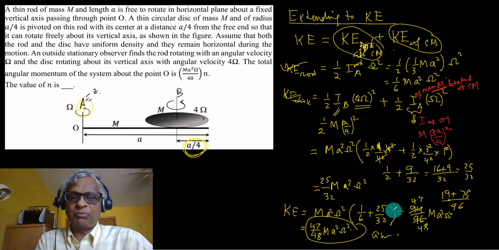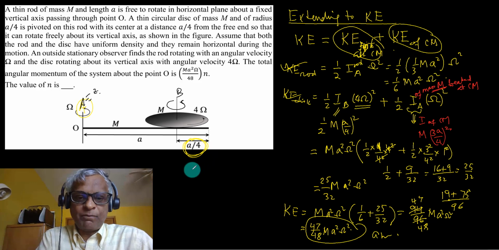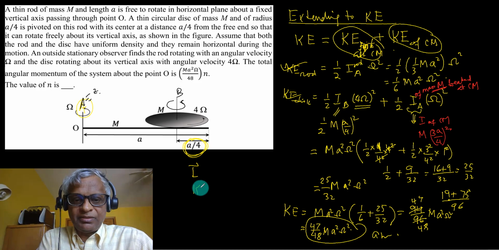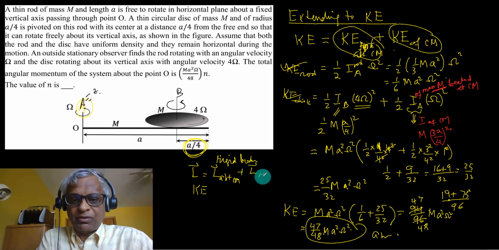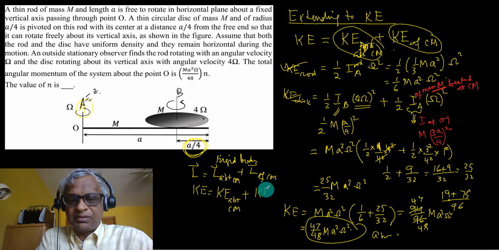So the basic fact about both angular momentum and kinetic energy of rigid bodies is that angular momentum is L about cm plus L of cm. Kinetic energy is the same: kinetic energy about cm plus kinetic energy of cm.